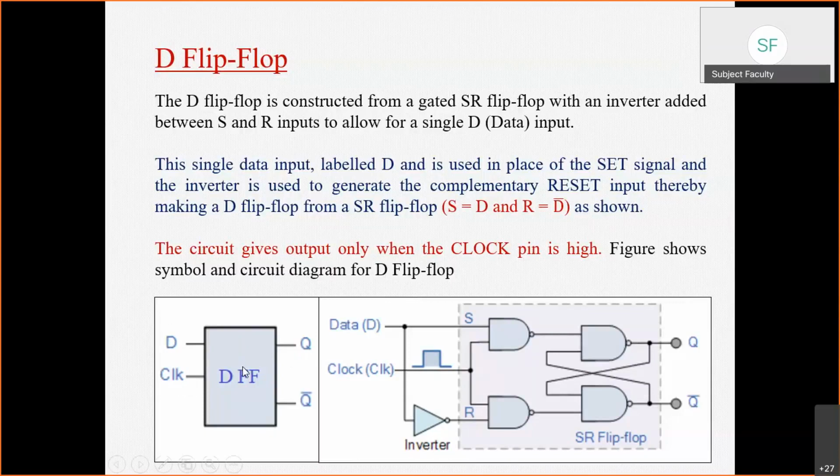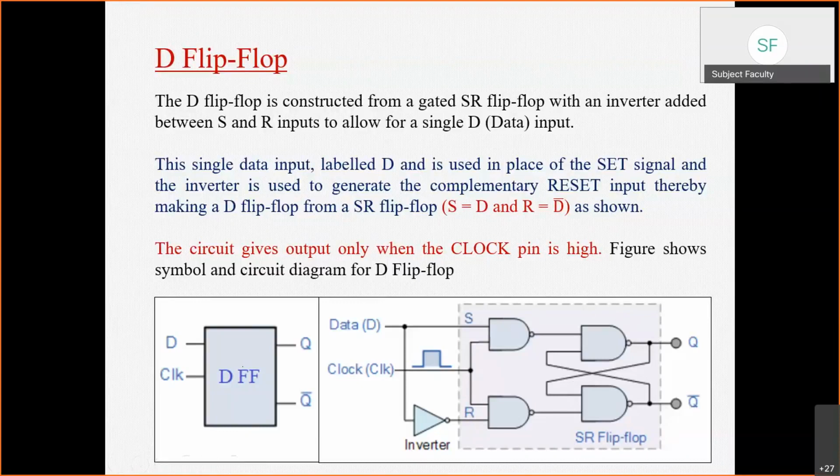Inside this block diagram, what we have done, you can observe. This is the complete circuit diagram. And if you observe this dotted portion, this particular rectangle, it is slightly shaded also. This rectangle is exactly equal to the SR flip-flop diagram.